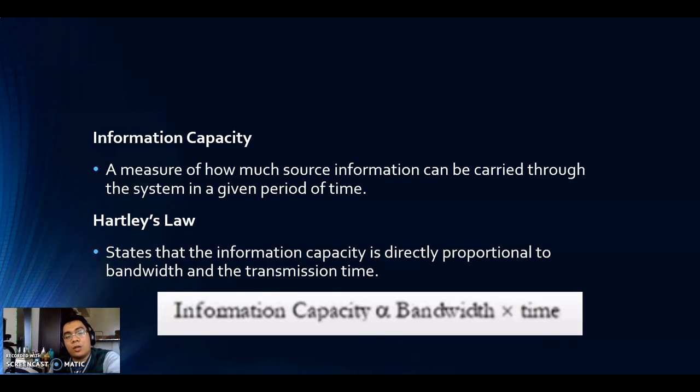And as you can see in the equation illustrated below, we can see the relationship between the information capacity, bandwidth and time.